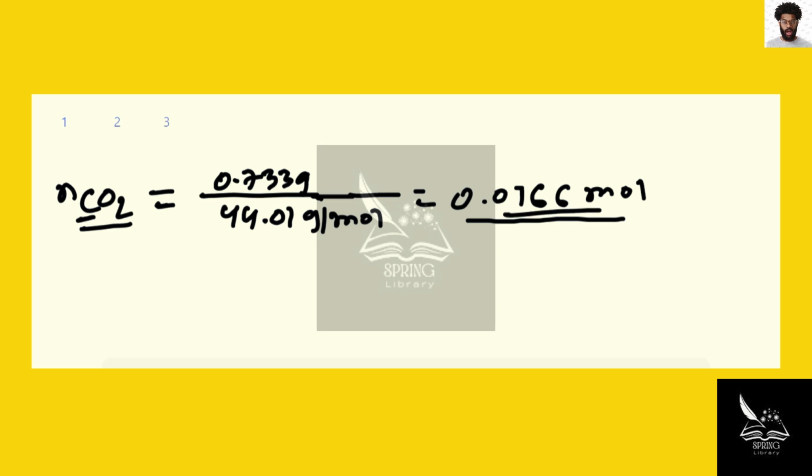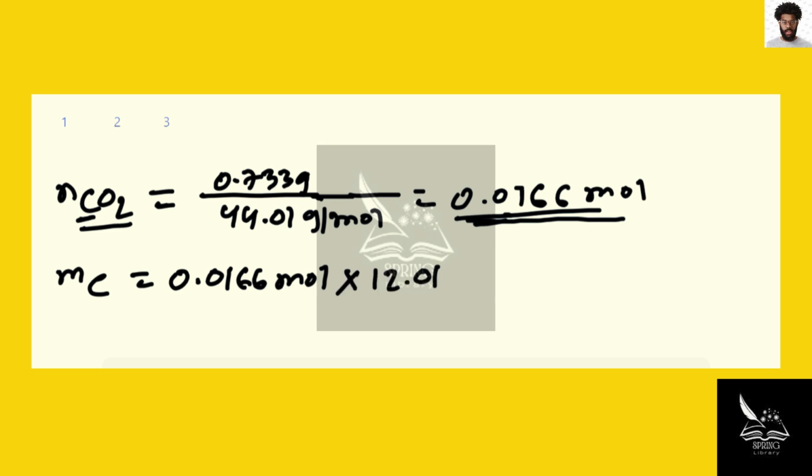And from here we can directly find out the mass of carbon, which will be the number of moles of carbon in carbon dioxide, 0.0166 mole, times the molar mass of carbon, which is 12.01 gram per mole. So this is the amount of carbon which is being produced in the form of carbon dioxide.